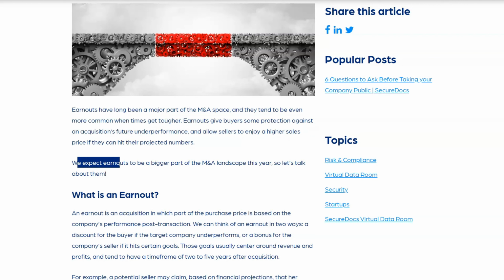We expect earnouts to be a bigger part of the M&A landscape this year, so let's talk about them.